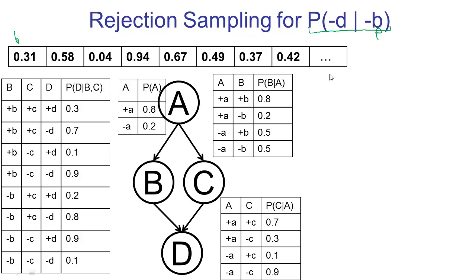Okay, let's start. We'll take the ordering A, B, C, D. Again, you could pick A, C, B, D if you wanted to. Any ordering consistent with this directed acyclic graph will do.